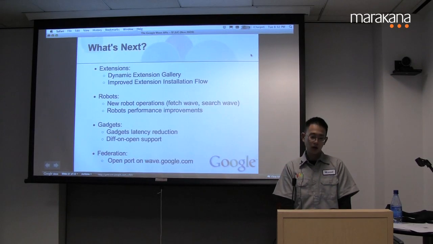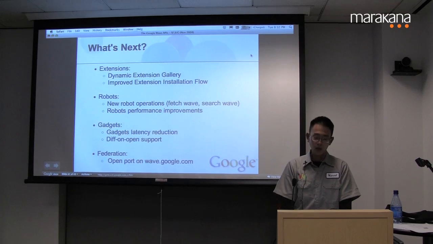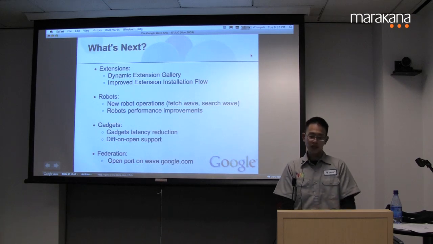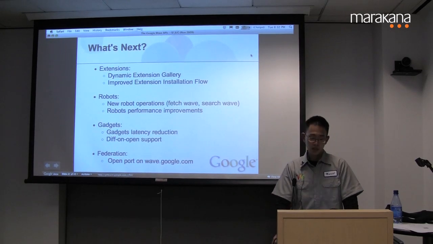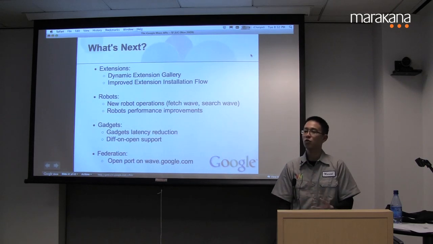We are going to work on a new extension gallery that's more dynamic and can be user generated, and improve the extension installation flow. For robots, we want to implement new operations. The two prominent ones are fetch wave and search wave, so that a robot can fetch a wave on demand and search across different waves also.